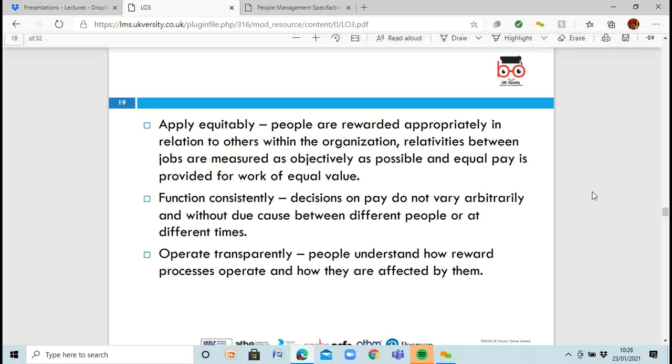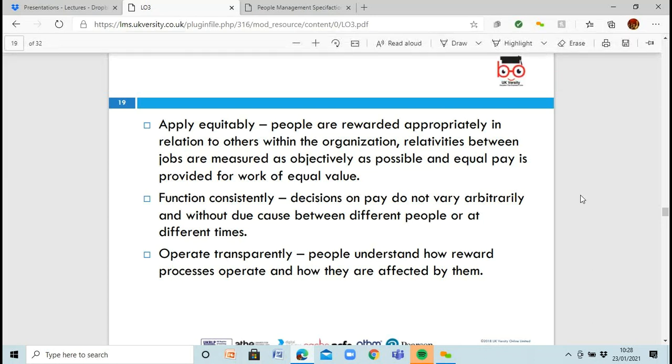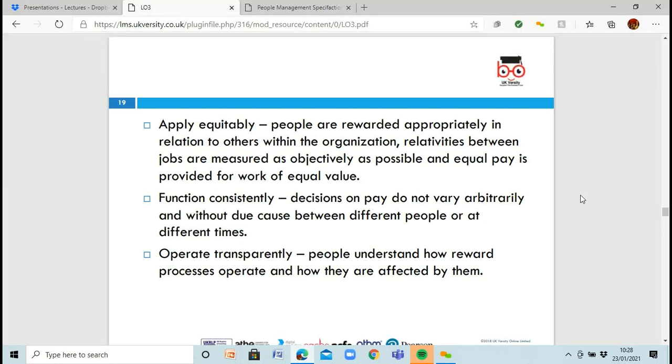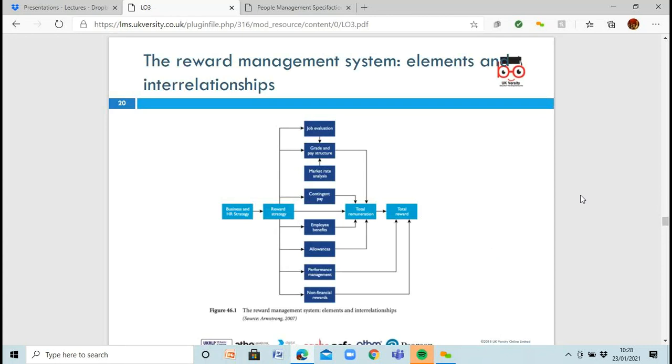Then function consistently. So decisions on pay do not vary arbitrarily and without due cause. So you need to be consistent with what you're doing. Operate transparently so people understand how reward processes operate and how they're affected by them. So they know exactly how to get towards those rewards and what the best way is to do it.